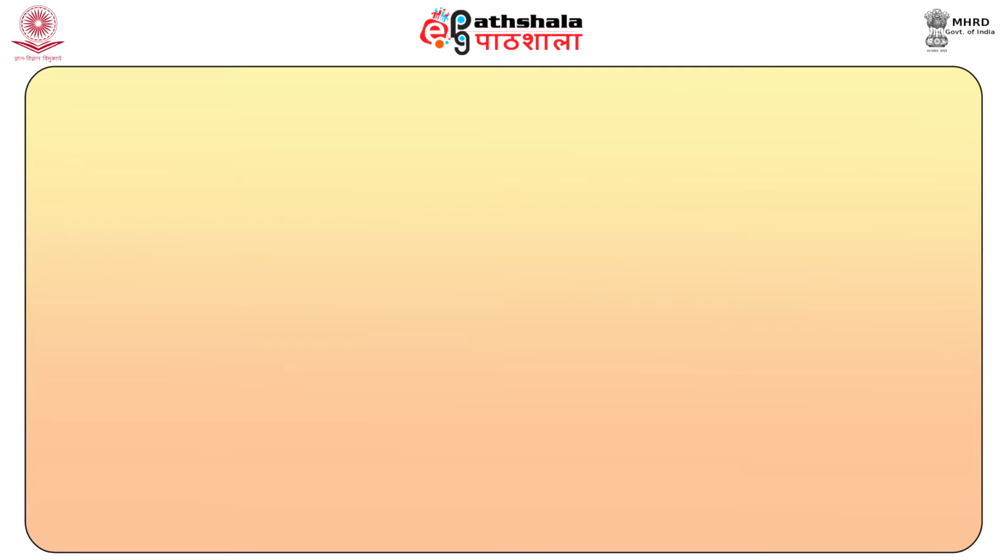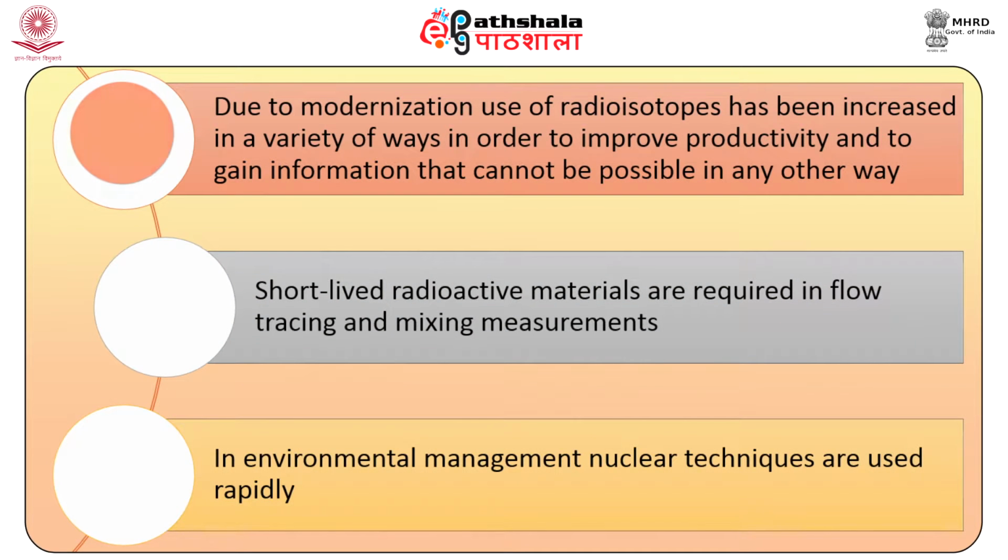Industrial uses. Due to modernization, the use of radioisotopes has increased in a variety of ways in order to improve productivity and to gain information that would not be possible in any other way. Short-lived radioactive materials are required in flow tracing and mixing measurements.